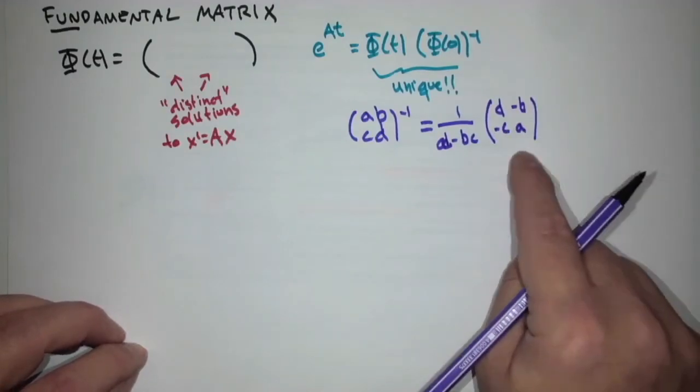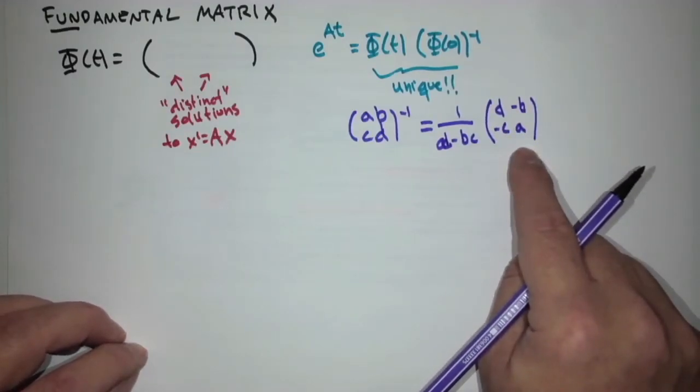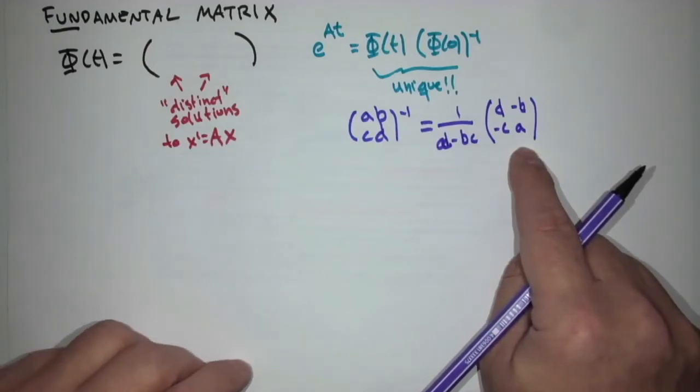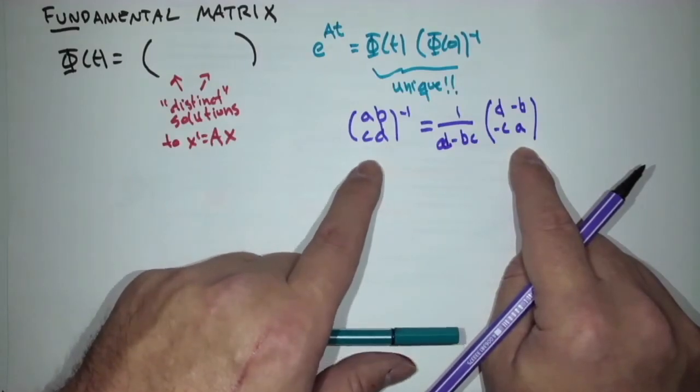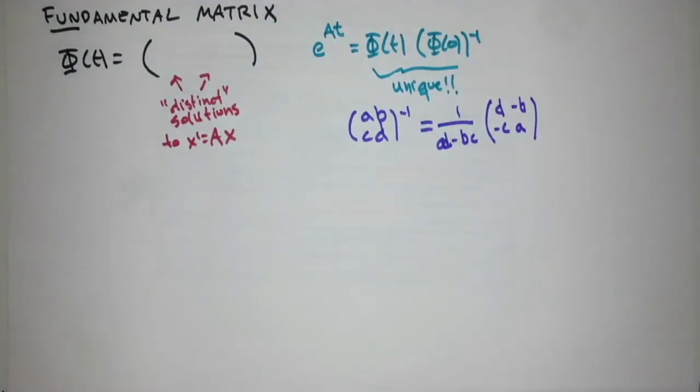Now, if you're not sure if this is right, how do you check? Multiply with the matrix you were starting with. If you don't get the identity, don't just shrug it off, say no, redo it until you get what works.